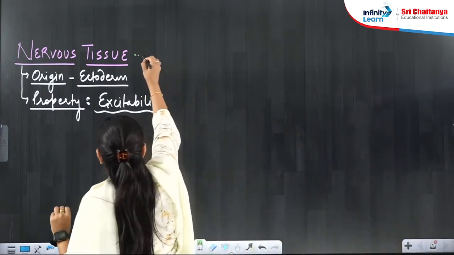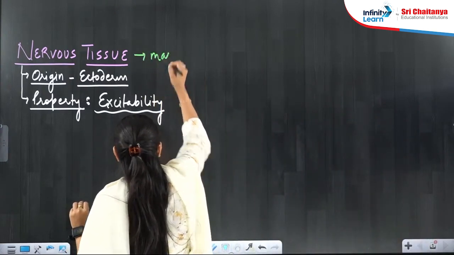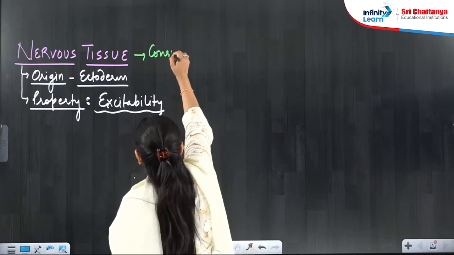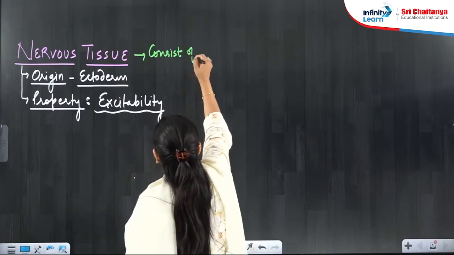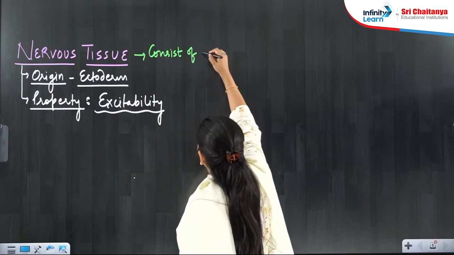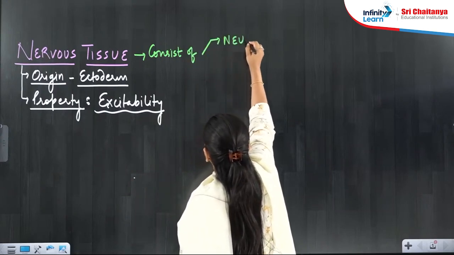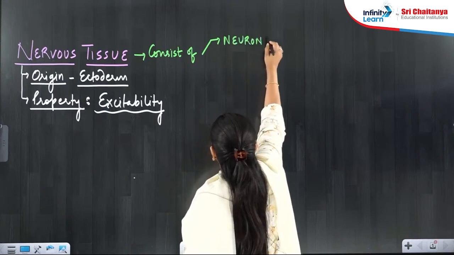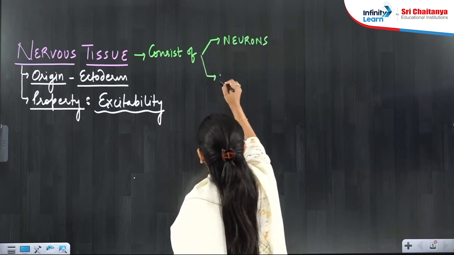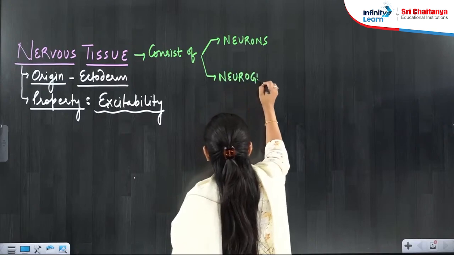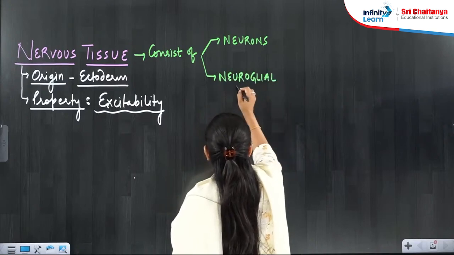Nervous tissue is made up of, or it consists of, two types of cells. It consists of neurons, and it consists of neuroglial cells.